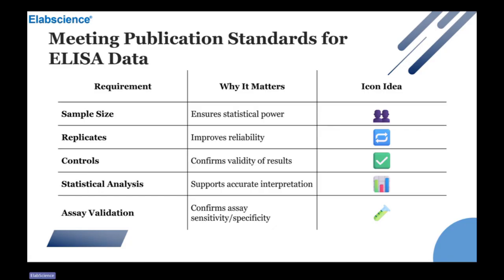Dilution strategies, including serial dilutions and literature-based ratios, help us keep the signal within the assay's dynamic range. Finally, following the publication standards in reporting the sample size, replicates and validation ensures that the data is reproducible, credible, and ready for high impact factor peer-reviewed journals.